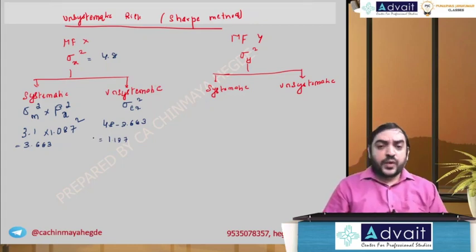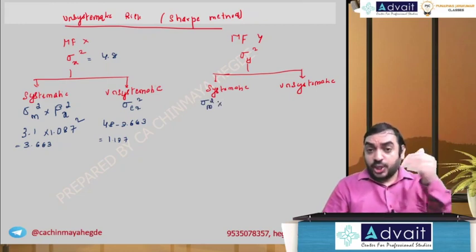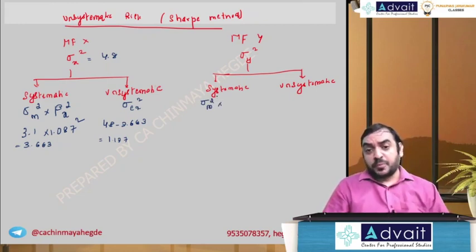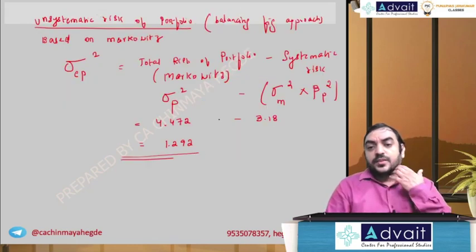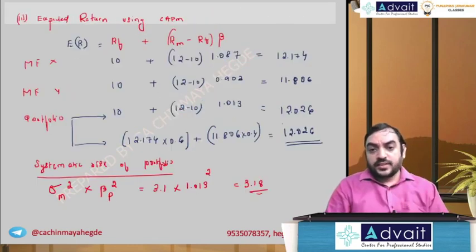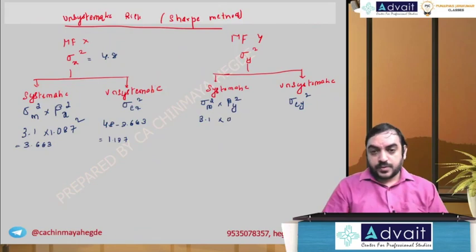Same approach we do for y as well. Market variance multiplied by, from the market to come to security, we take the help of beta. Beta of security y square. Unsystematic risk is sigma E y square. So market variance is 3.1 and beta is 0.903.